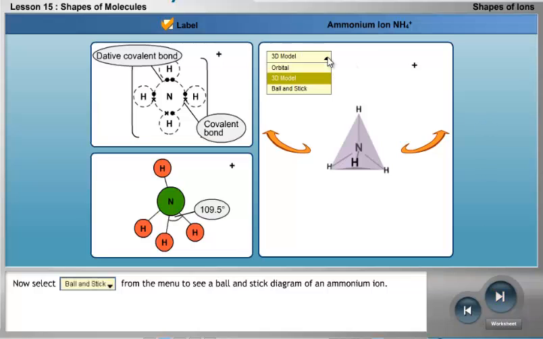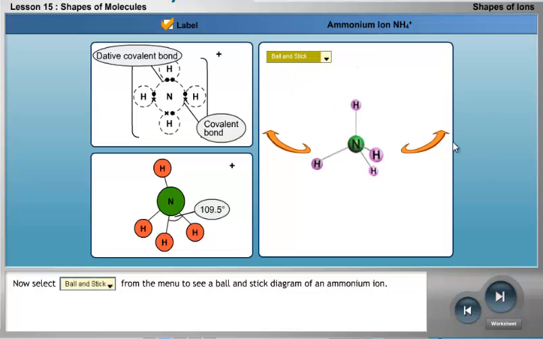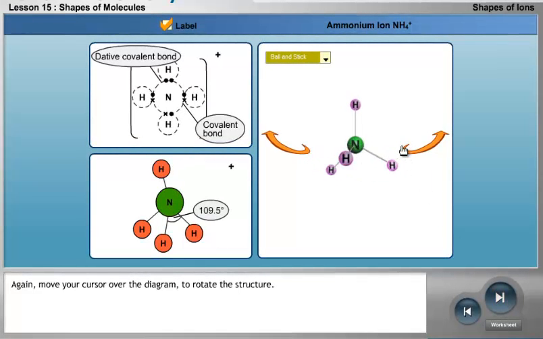Now, select Ball and Stick from the menu to see a ball and stick diagram of an ammonium ion. Again, move your cursor over the diagram to rotate the structure. Note that the angle between any 2 covalent bonds is 109.5 degrees.